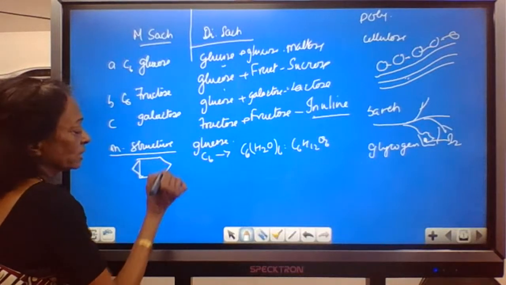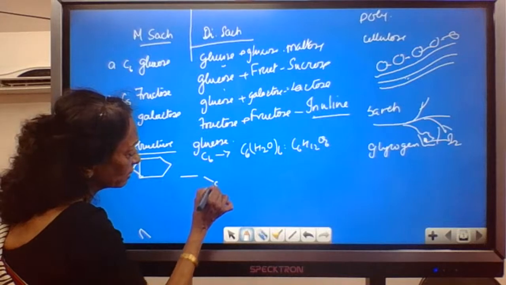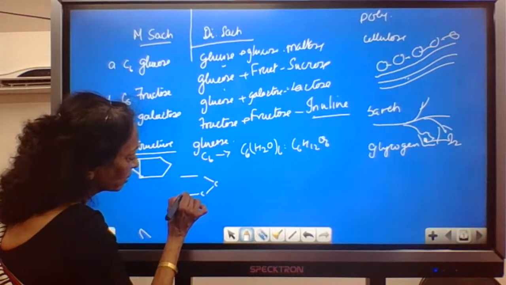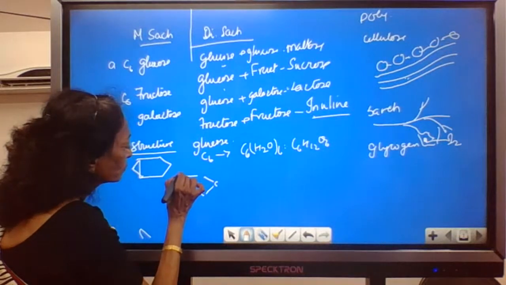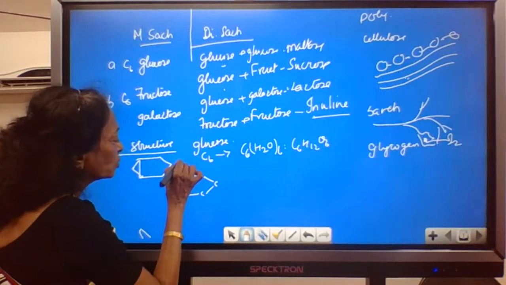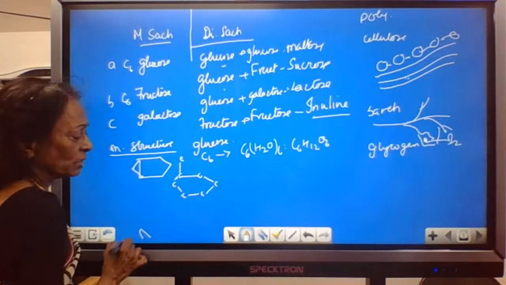Now though it has got 6 corners, this is first carbon, second carbon, third carbon, fourth carbon, then fifth carbon, sixth one we attach to the fifth. So this is O. How to remember this formula?